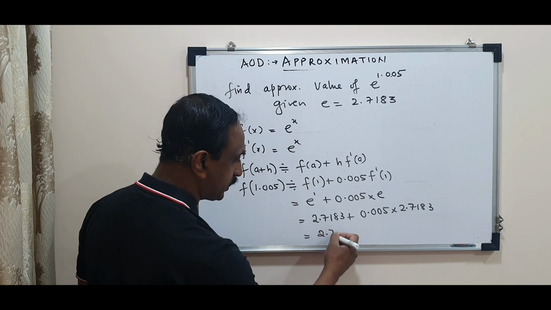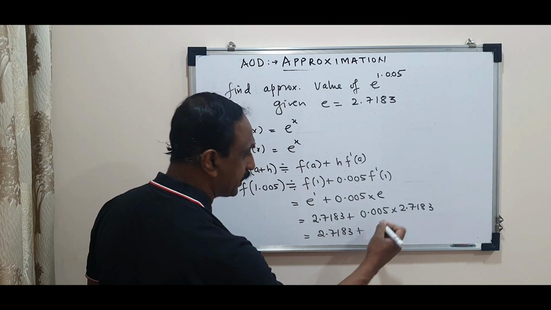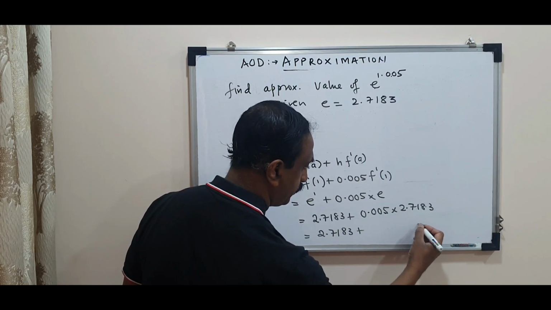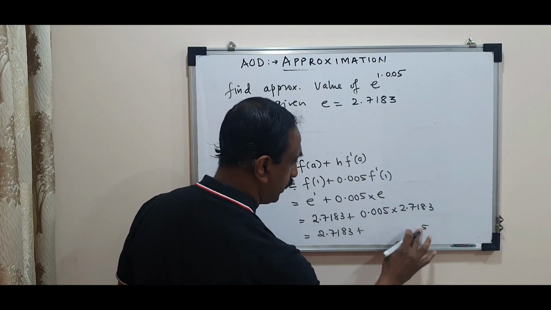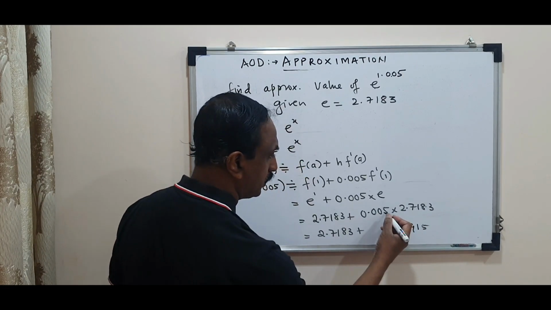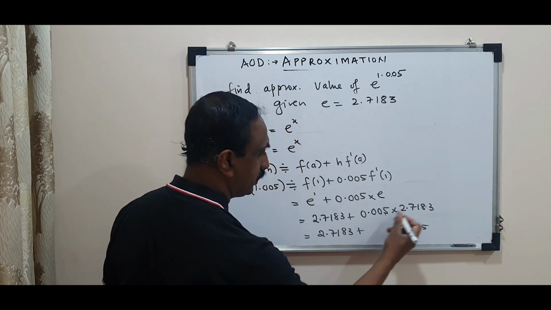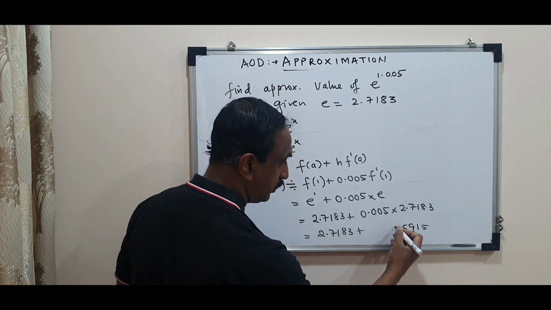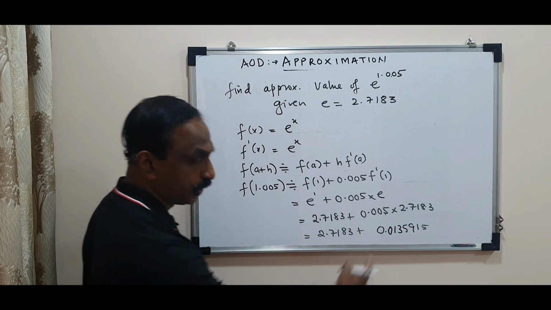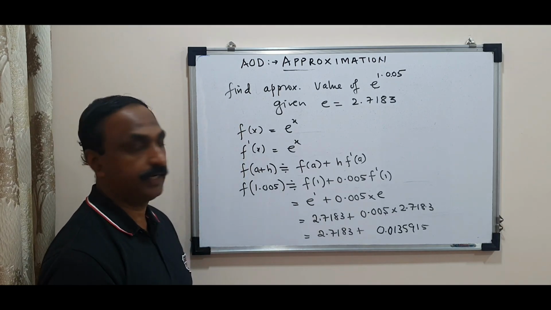That is 2.7183 plus, now let's multiply 8 into 5, 41, 4, 9, then 35, 3, 10, 13, 0.0135915.